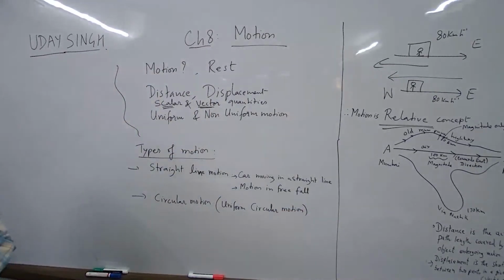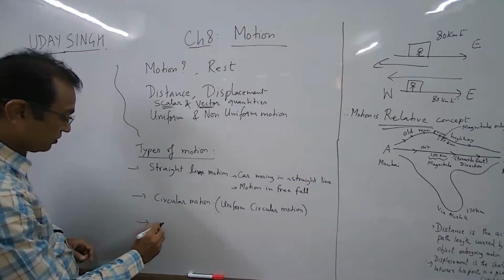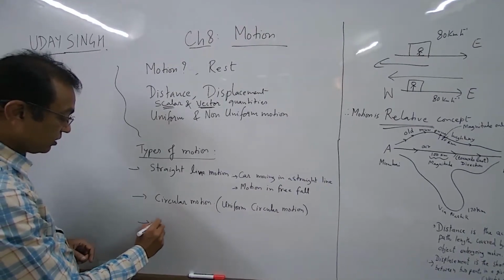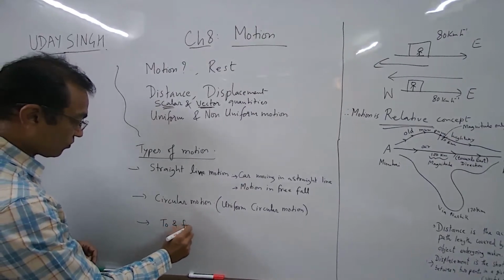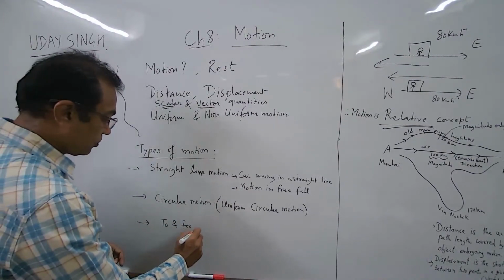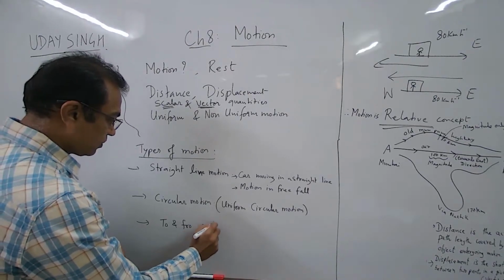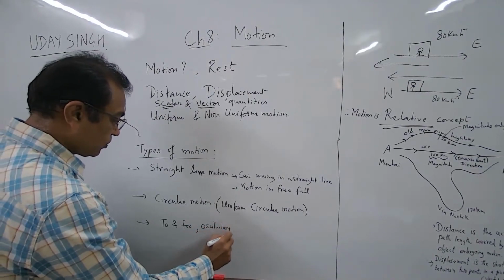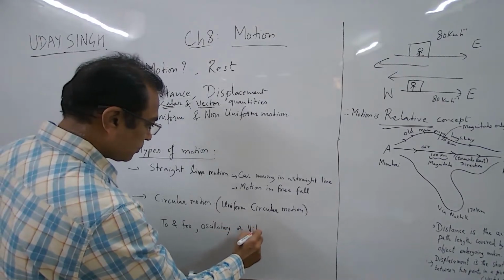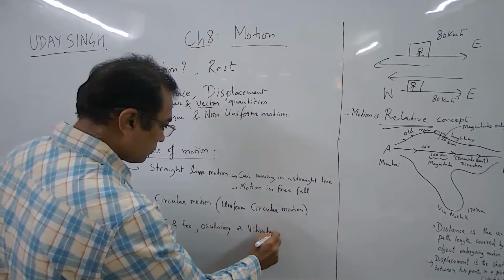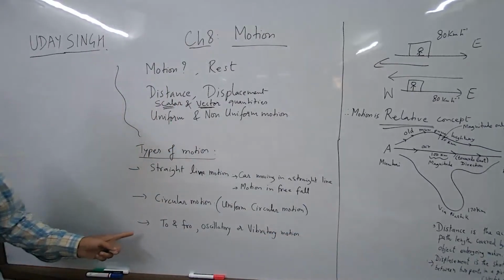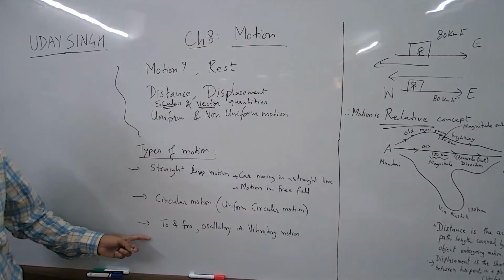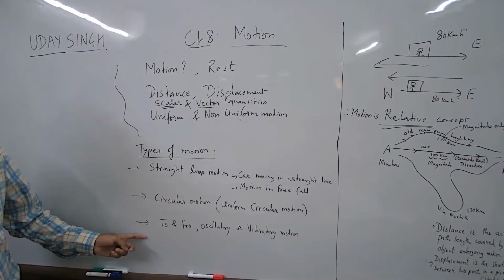The third type of motion that we spoke of is to and fro motion, oscillatory or vibratory motion. But this is an advanced motion. You learn about it in higher classes. I don't know if pendulum is there in this class.